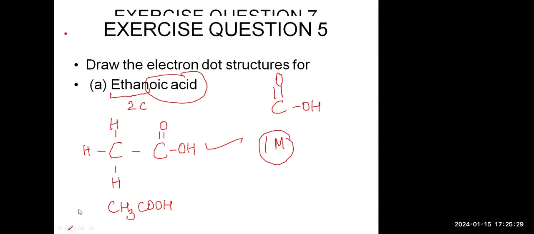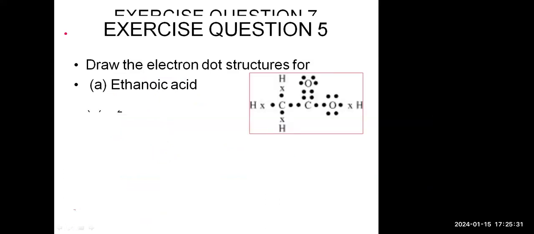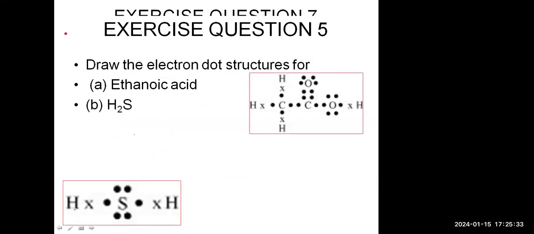The next one is H2S. Sulfur has valency 2. If they ask you to draw the electron dot structure, this is how you can draw it.